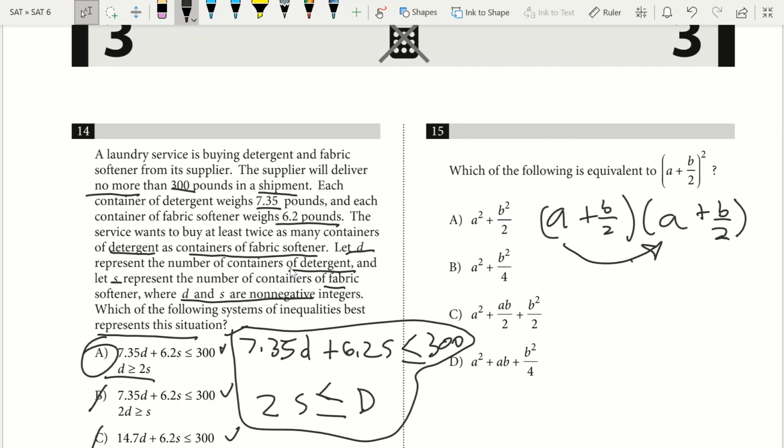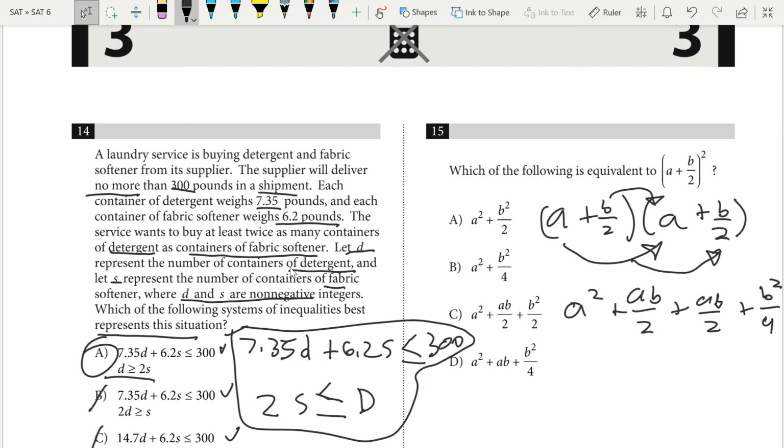So we're going to go A times A, which gives us A squared, and then A times B over 2 gives us AB over 2, and then B over 2 times A gives us plus AB over 2 again, and then B over 2 times B over 2, which is B squared over 2 squared. 2 squared is 4, so B squared over 4.